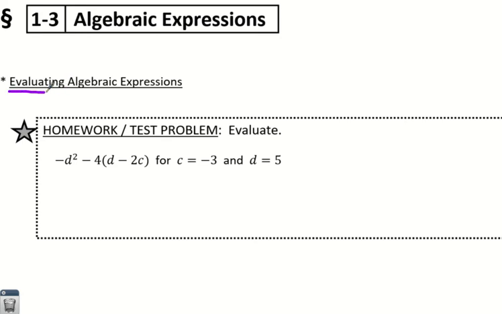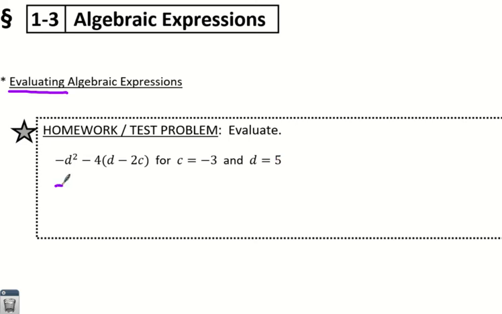Evaluating algebraic expressions. So here's an algebraic expression, negative d squared minus 4 times the quantity d minus 2c, and we're supposed to evaluate it for c equals negative 3 and d equals 5. So the obvious first move is to just substitute negative 3 in for any c's and plug in 5 for any d variables.